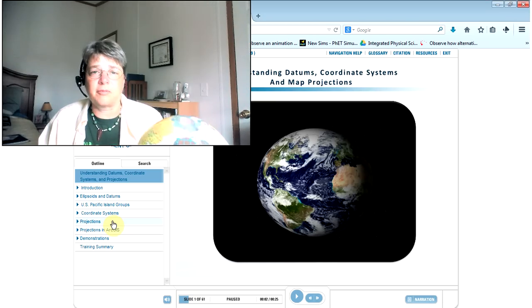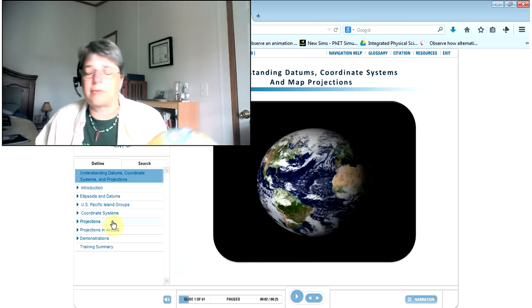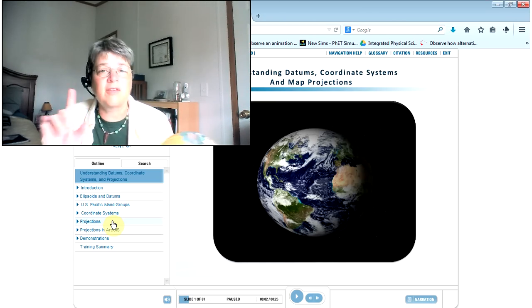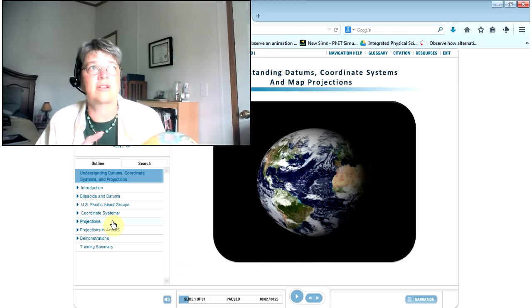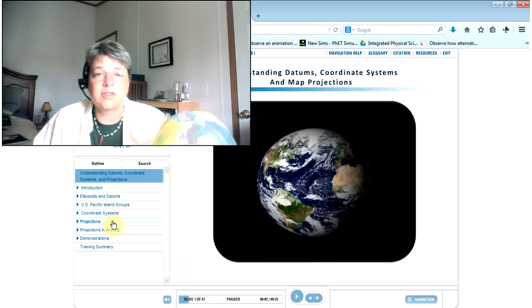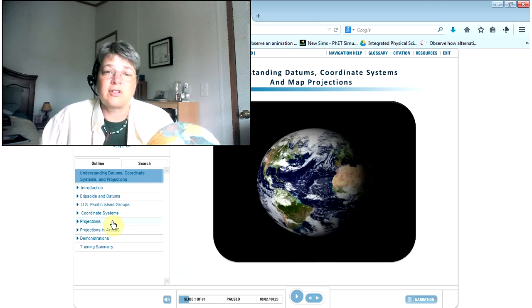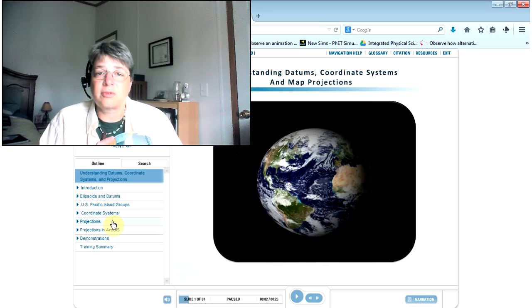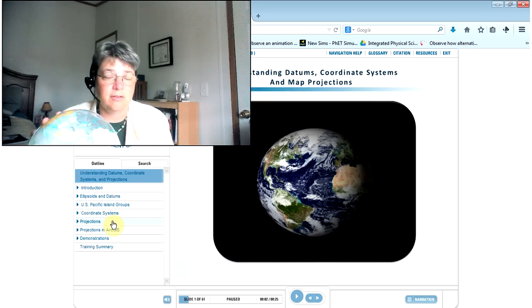Now, when we talk about datum, we're revisiting this halfway through the semester. At different times, different organizations sponsor groups to go out and actually measure the shape of the Earth.